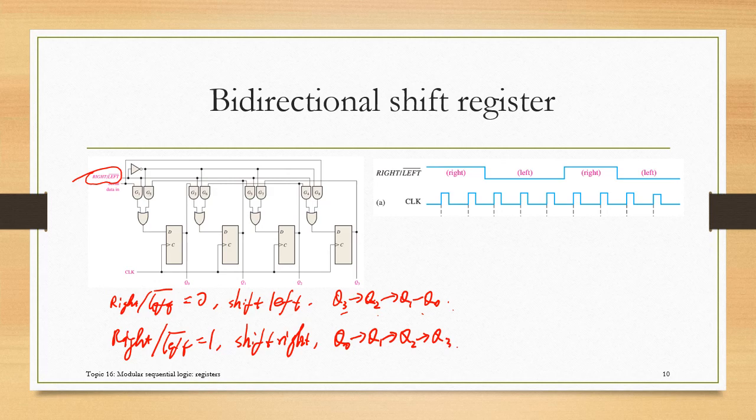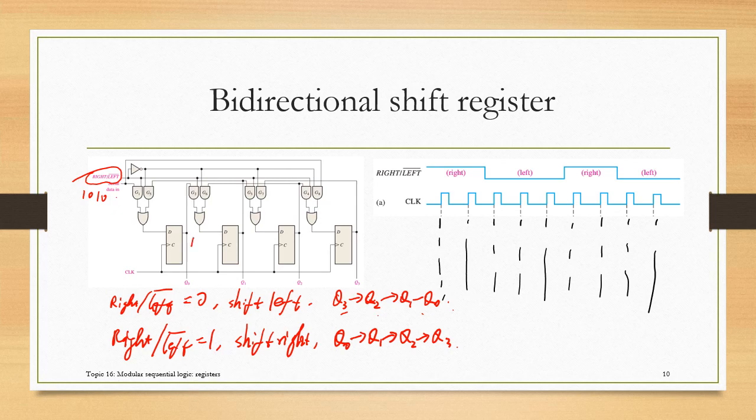Once we know that, we can try to generate the timing diagram for this one. The control input is shown here, and let's still assume the same data, 1010.